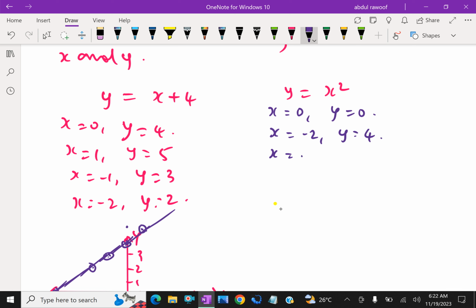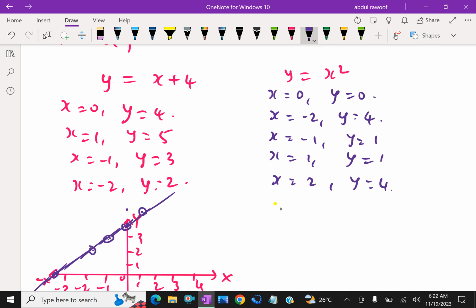X is minus 1, y is 1, since minus 1 whole square is 1. X equals 1, y is 1 square, which is 1. X equals 2, y equals 4. Further, x equals 3, y equals 9.